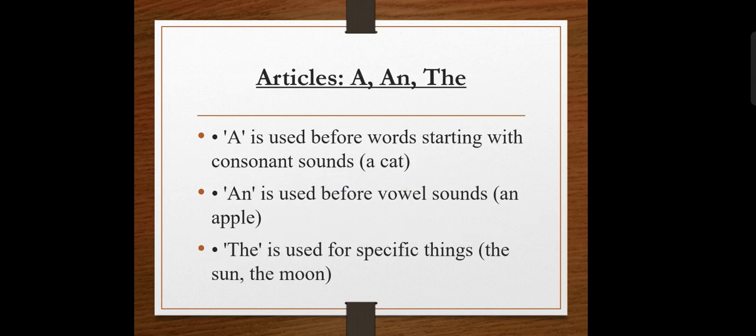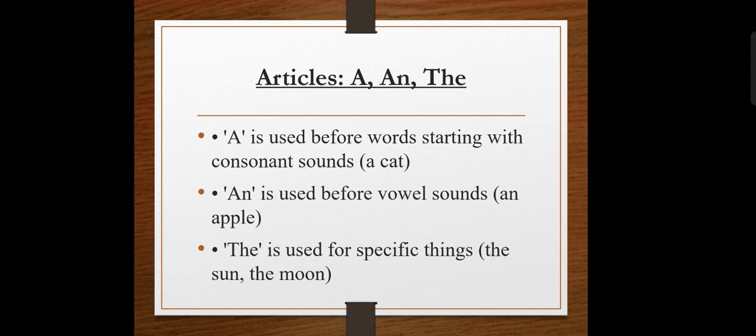Now we have articles. So we use a, an and the before nouns. So these 3 are known as articles. A is used before consonant sounds. Consonants means the ones which are not vowels, the letters other than a, e, i, o, u.